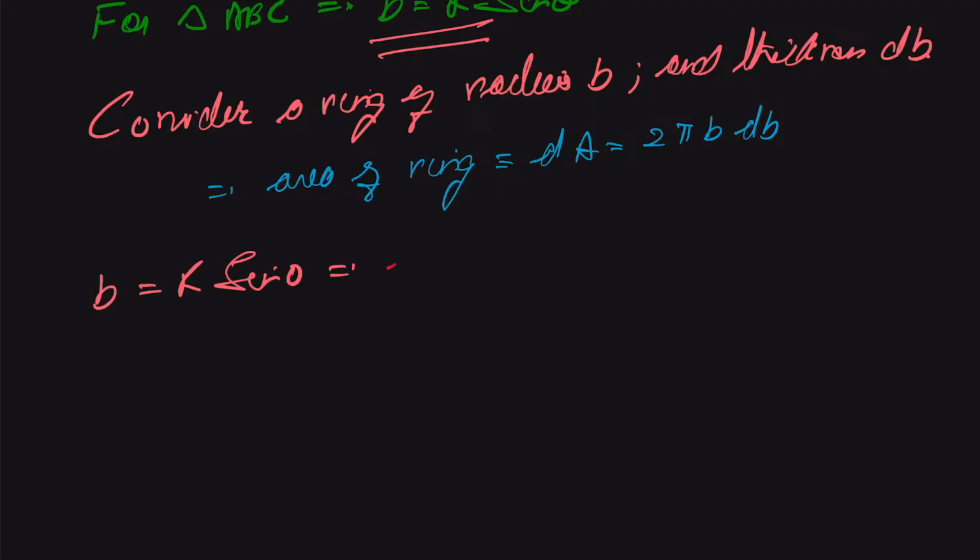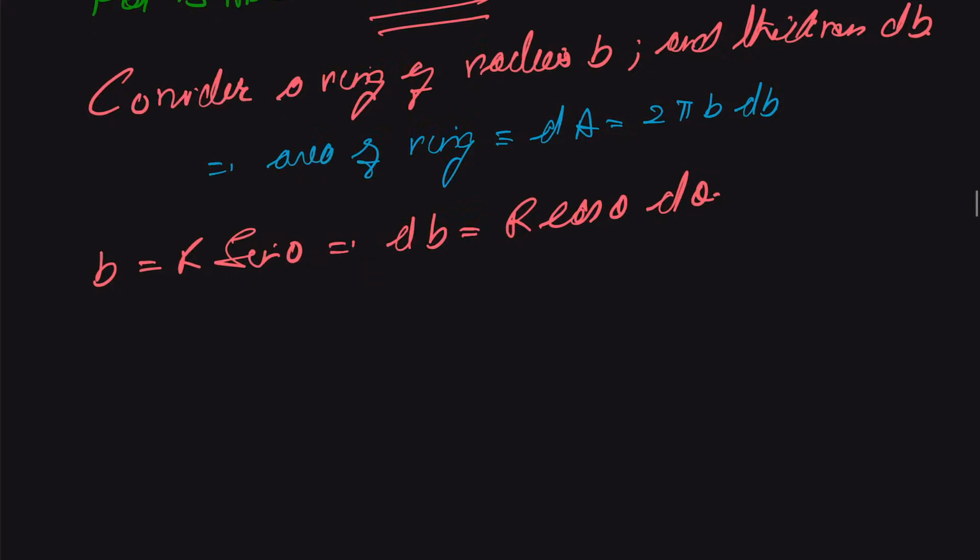So from here we can find out our dB will be equal to R cos of theta d theta. And we substitute here at dB. Therefore we get that our dA will be equal to 2 pi B times R cos theta times R cos theta d theta.